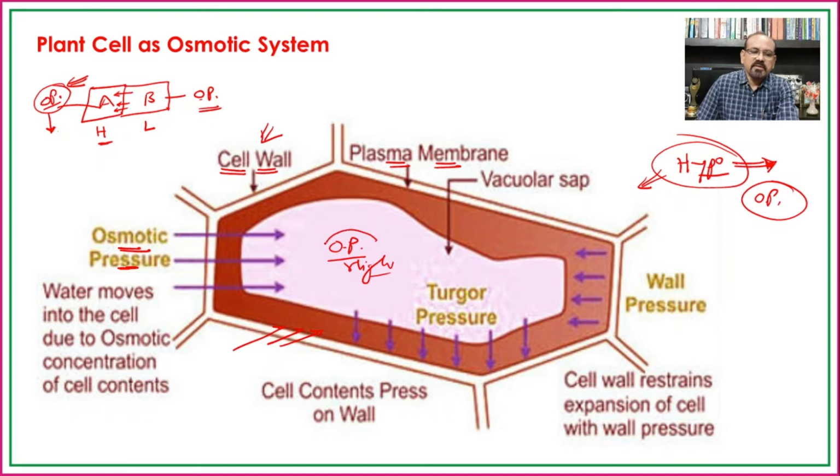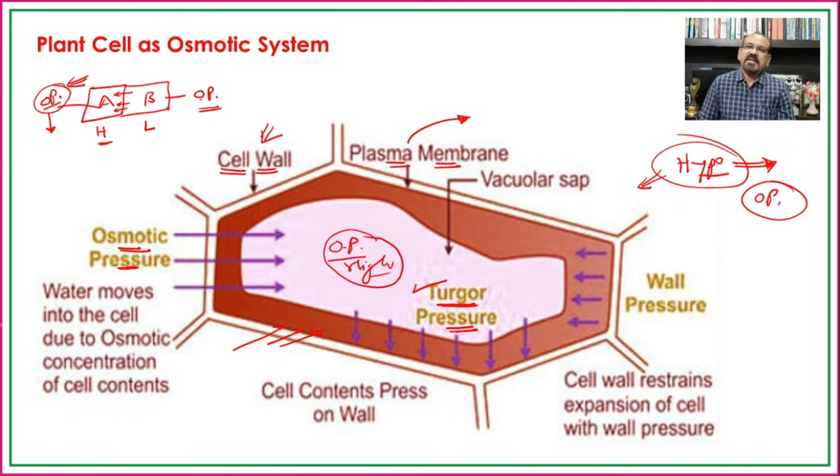So the osmotic pressure is always there because of the dissolved solids in it, and the pressure which is created by the plasma membrane is known as the turgor pressure. When the cell becomes turgid, it creates pressure on the cell wall, and hence this pressure is known as the turgor pressure.